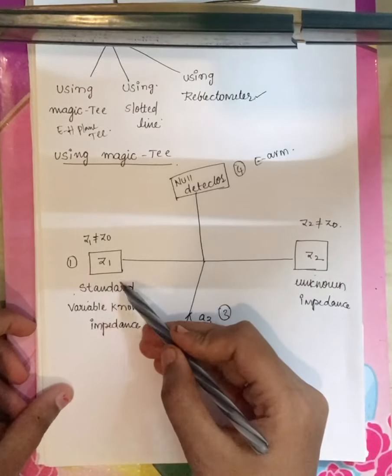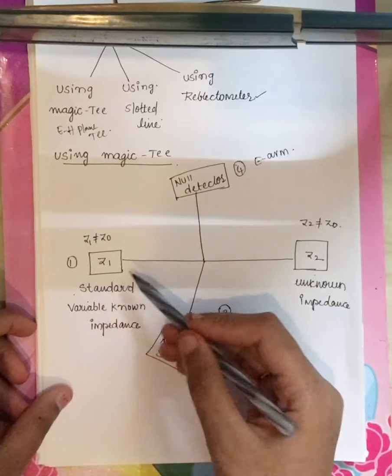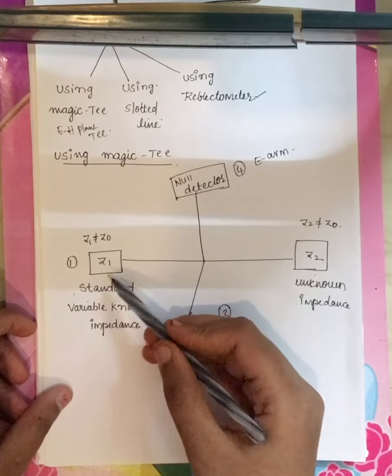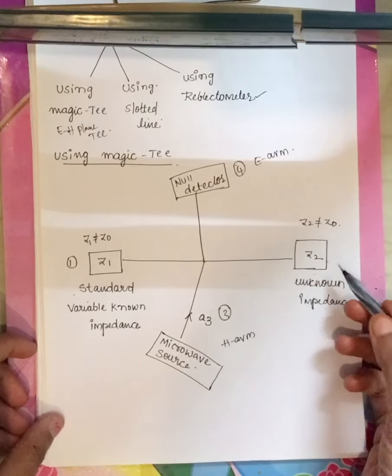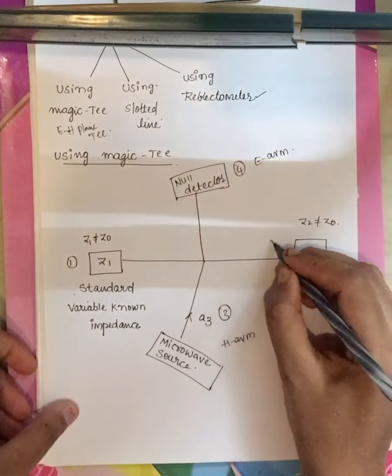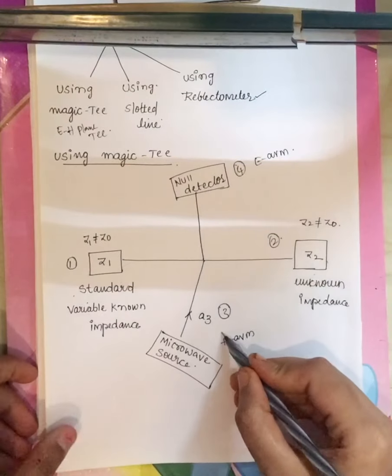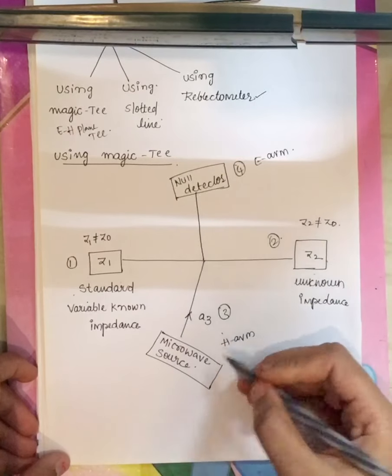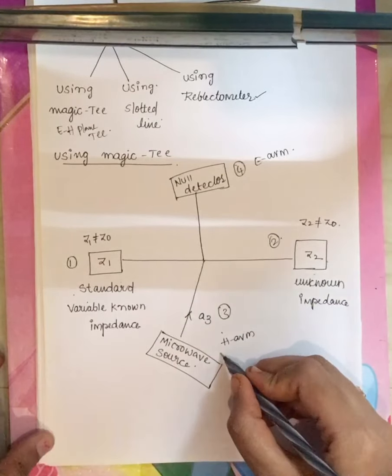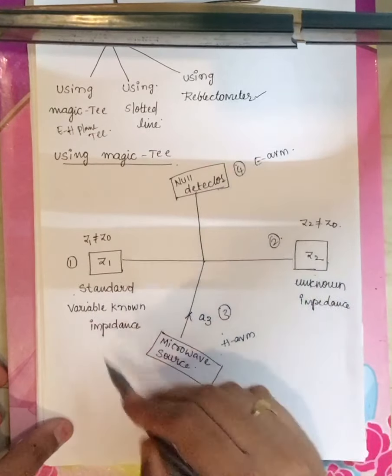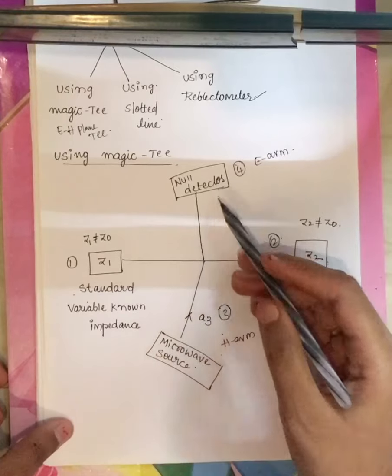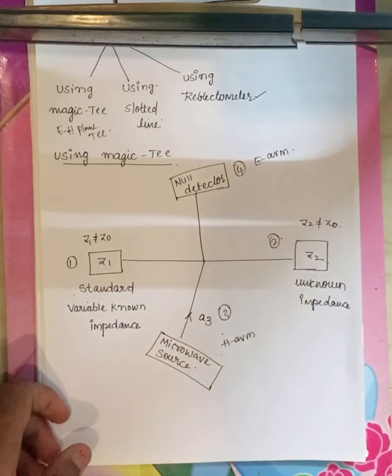Z1, whose impedance is known to the user and is variable, is connected at port 1, and the unknown impedance, denoted by Z2, is connected at port 2. Port 3 is your H-arm, to which we connect the microwave source to generate a signal, and the null detector is connected at port 4 to detect perfect matching of this bridge.